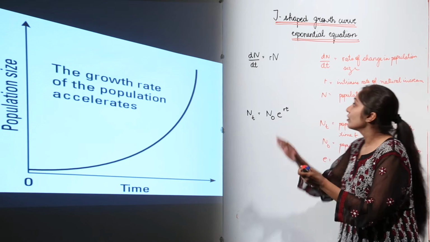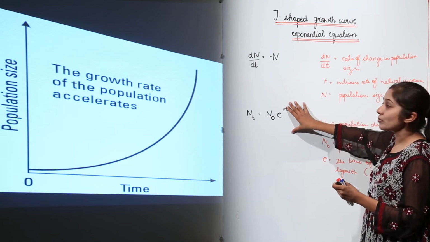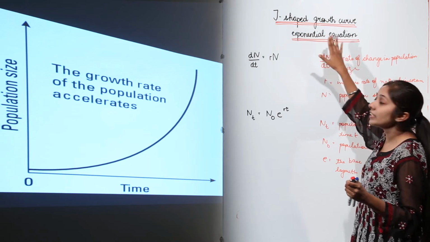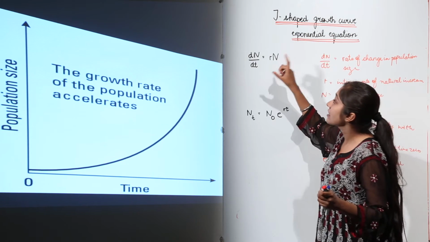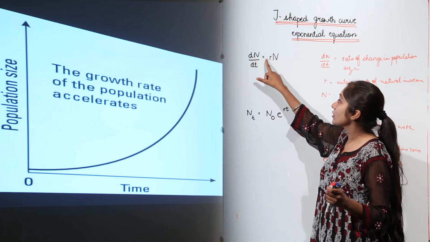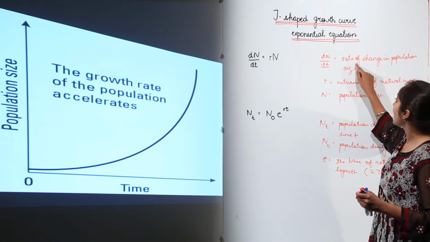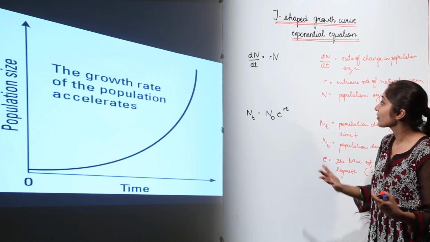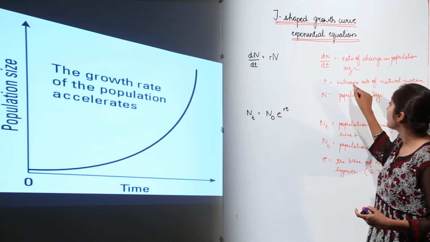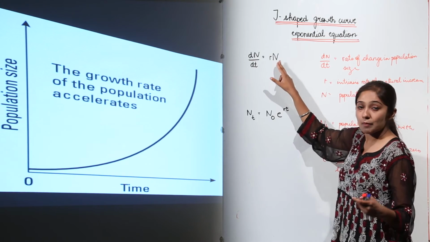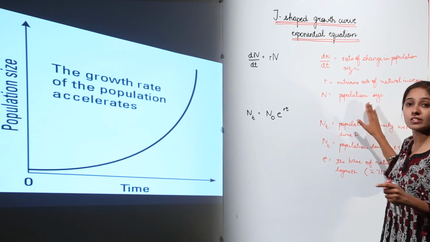So these are the two equations for the J-shaped growth curve. The exponential equation is dN/dt = rN, where dN/dt is the rate of change in population size, r is the intrinsic rate of natural increase, and the uppercase N is the population size.